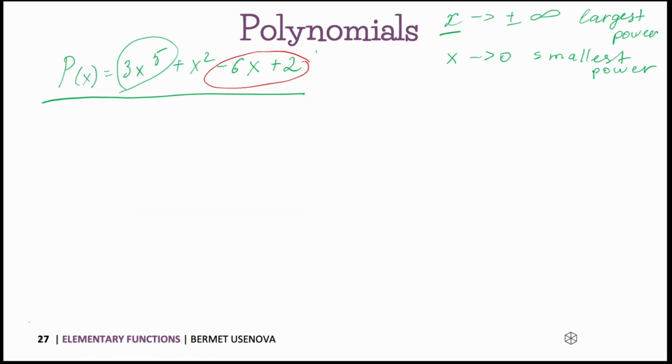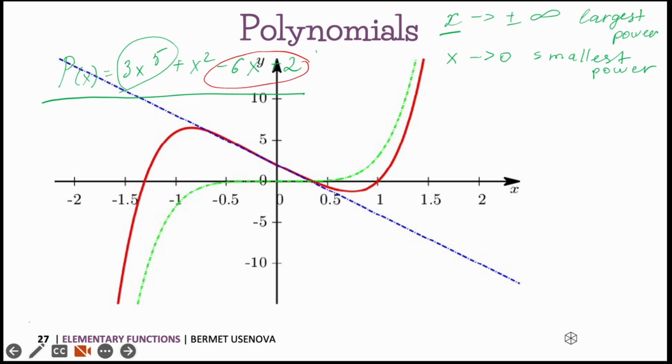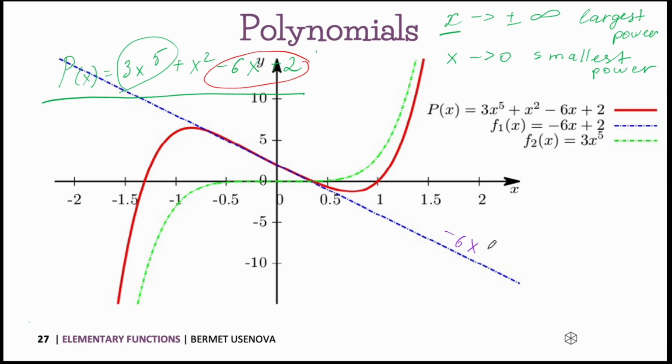And if we look at the nicer example here, this is again our line minus 6x plus 2, and here we have 3x to the power of 5, and our polynomial is exactly the sum of both, in the red line.